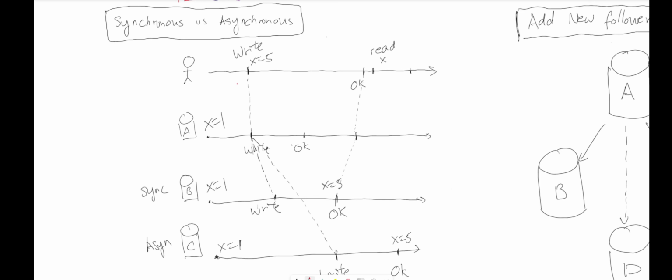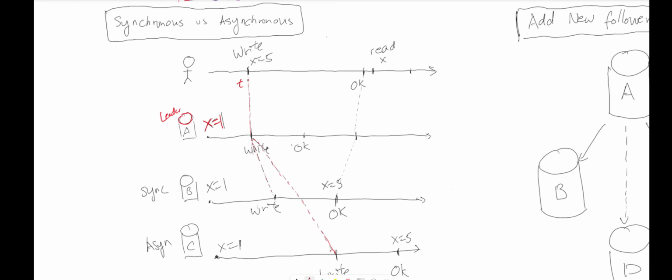This write request gets passed down to our leader node A. Initially x equals 1. The leader receives this write request, and as we discussed earlier, the leader needs to pass this write request also to its followers. I draw this slanted line because there's some network latency in between.